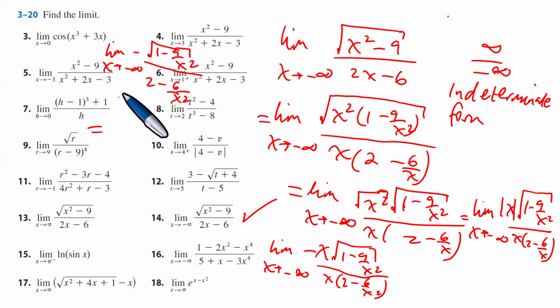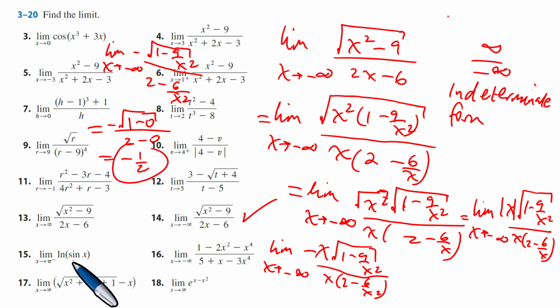Which is minus the square root of 1 minus 0 over 2 minus 0. You got minus 1/2, right? Yes. That is so good.